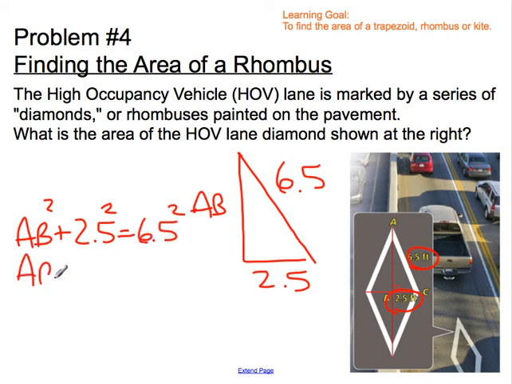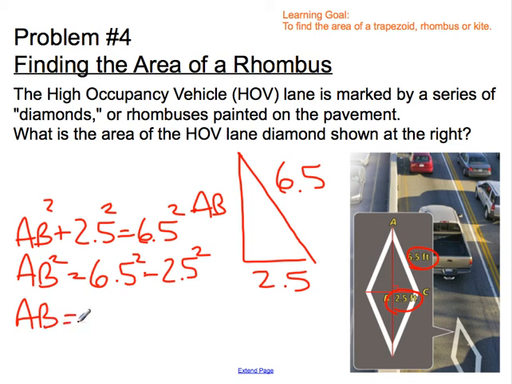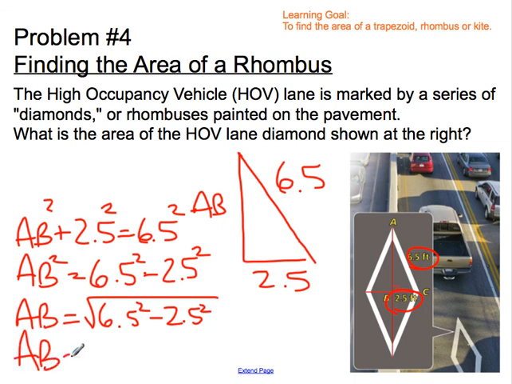So then AB squared is going to have to equal 6.5 squared minus 2.5 squared. And so AB is going to have to equal the square root of 6.5 squared minus 2.5 squared. By plugging this into the calculator, we find that the length of segment AB is 6 feet.